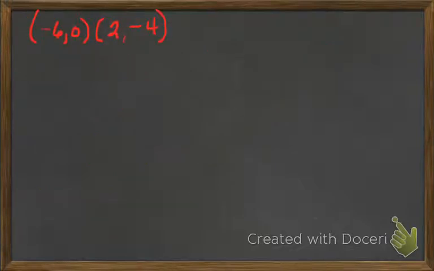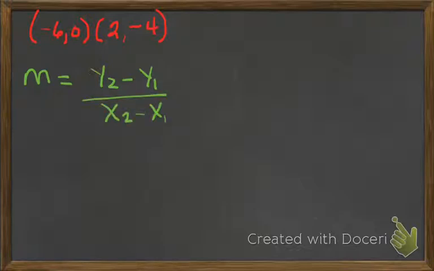Let's do the same thing with this problem. Classify the points as rising or positive, falling or negative, no slope or horizontal, or undefined or vertical. Use your formula, which is m equals y2 minus y1 over x2 minus x1. Our y2, -4 minus 0.